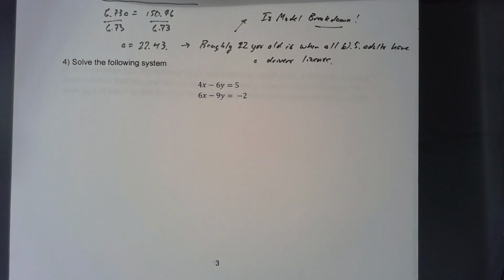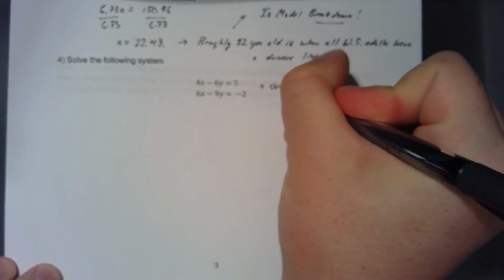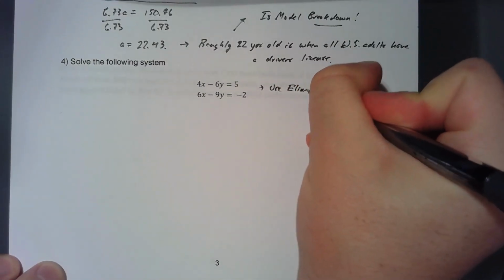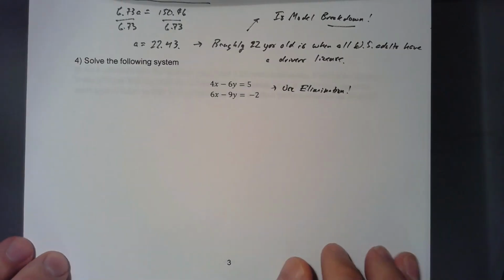Obviously here, you're going to use elimination, because if you do substitution, you're going to get messy numbers. Sometimes substitution is going to get ugly, like you're going to get fractions, and I want to avoid fractions. So let's use elimination.